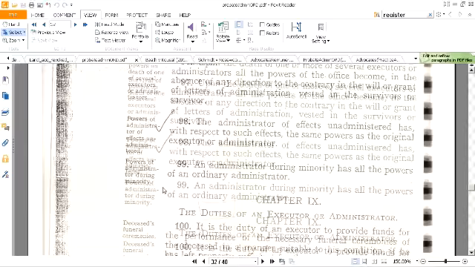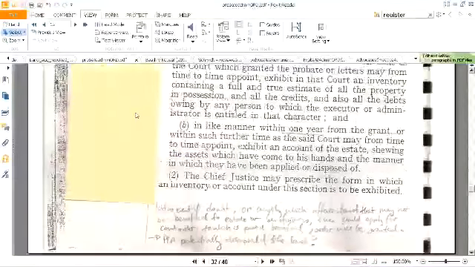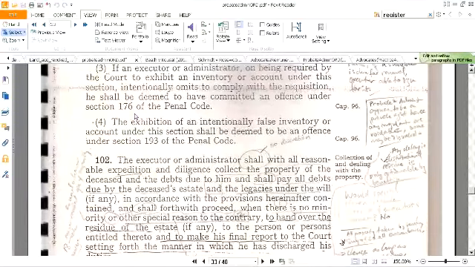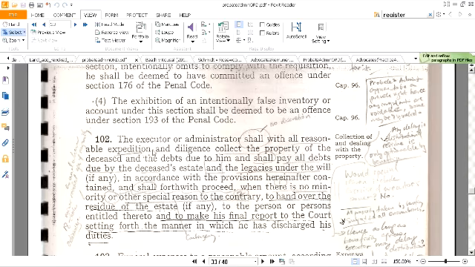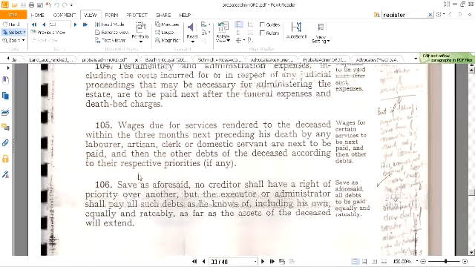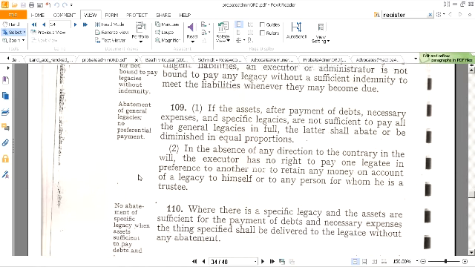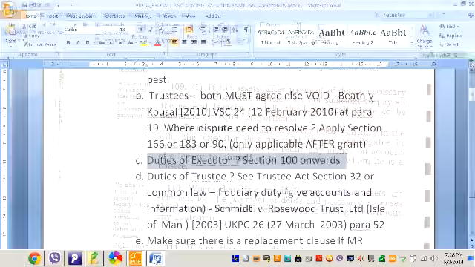Now, as far as executors are concerned, if you're thinking about becoming an executor, you should look at your duties here, which is quite a bit. One of the points about being an executor is that you will be looking after the estate.